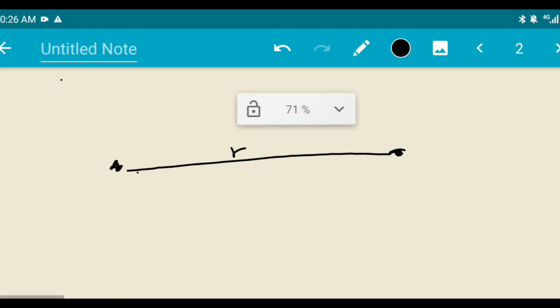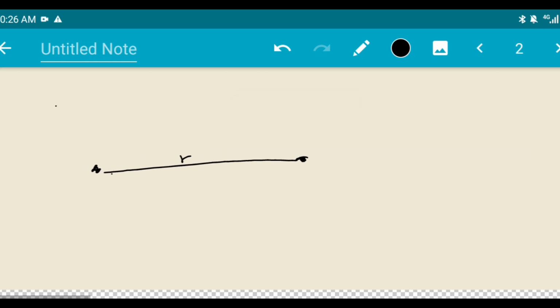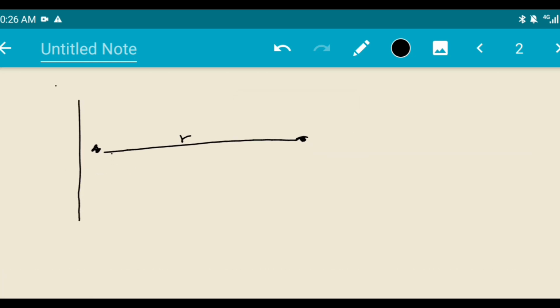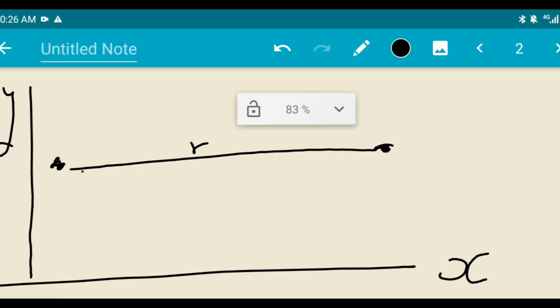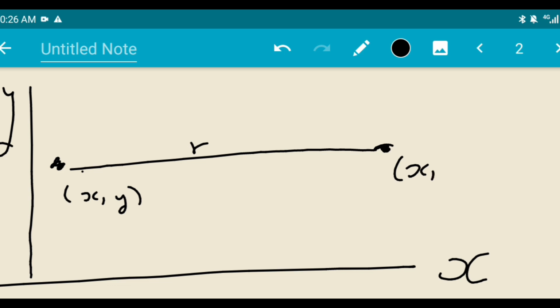Assuming this is on the xy plane, with the x-axis and the y-axis, this point is located at some point x comma y, and this one is also located at some point x comma y.